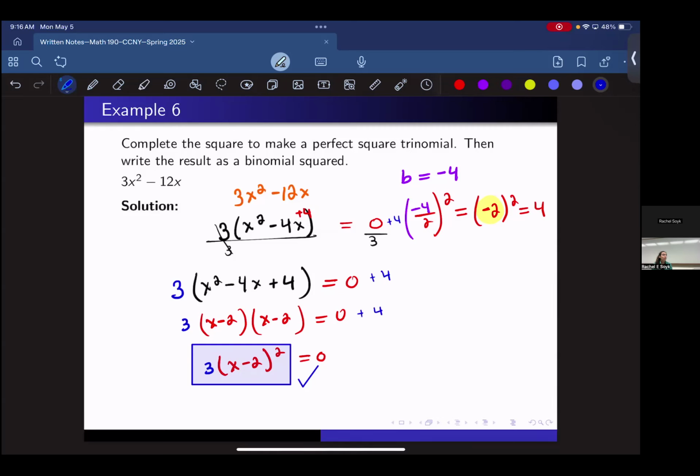And when you have that 4 on that side, and then you end up multiplying both sides by 3, just keep in mind that this 4 is going to be multiplied by 3 as well. So maybe I'll change this 0 to 4 times 3, which ends up being 12, because 3 times 4 is 12. So technically we balance the equation by adding 12 to both sides. But you don't have to know this part for this problem. You just need to know that left-hand side.